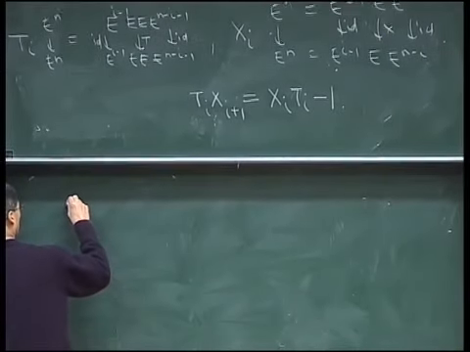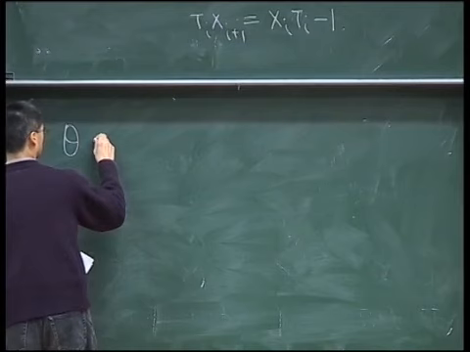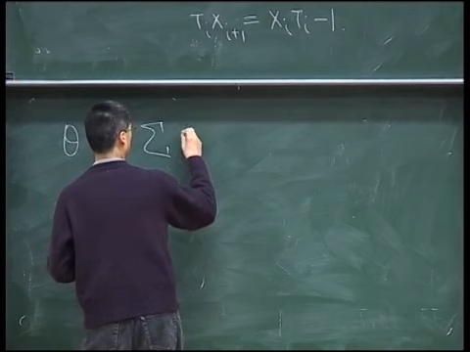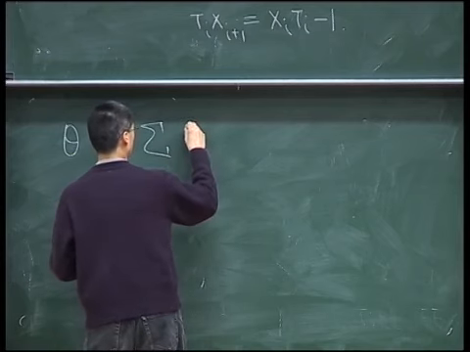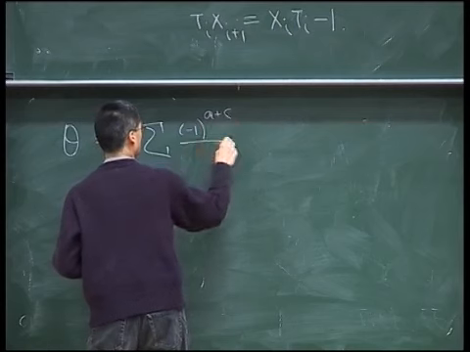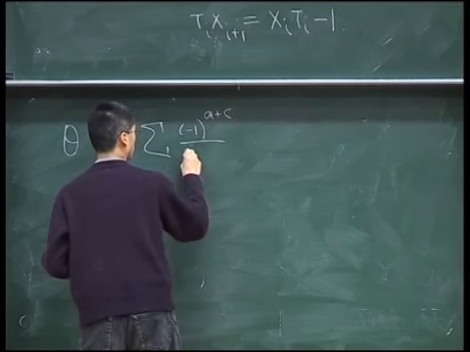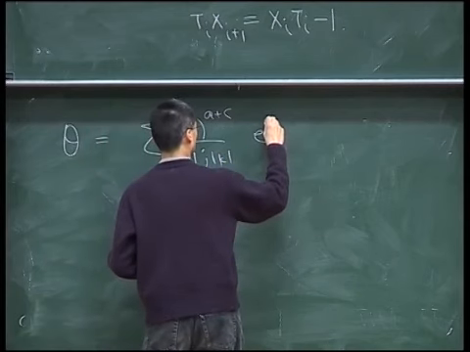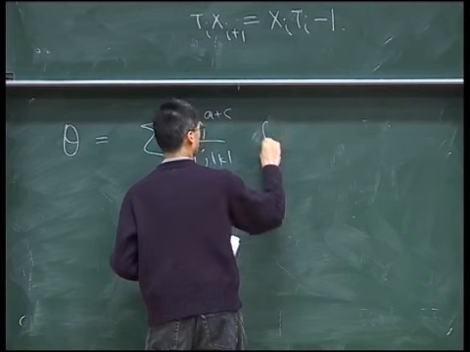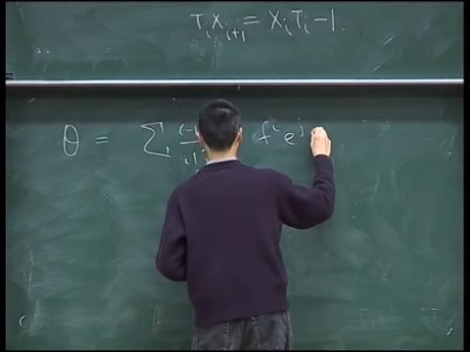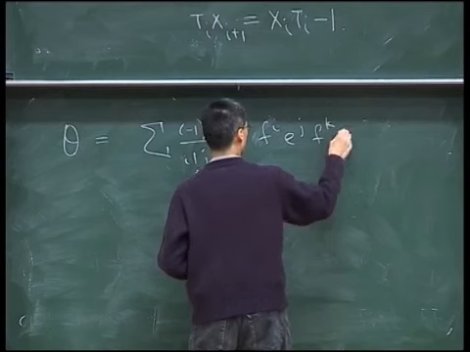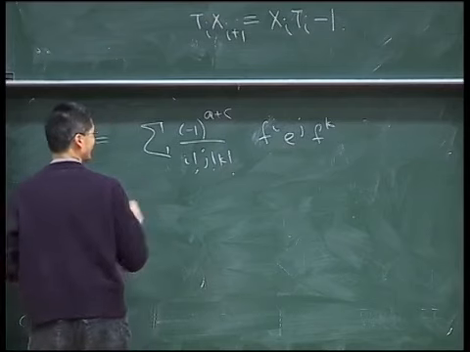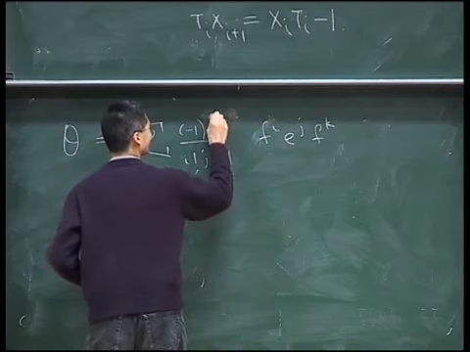If we write down the formula for the exponential, it's going to be some large sum: minus 1 to the a plus c over i factorial, j factorial, k factorial, e to the a, f to the i, e to the j, f to the k.